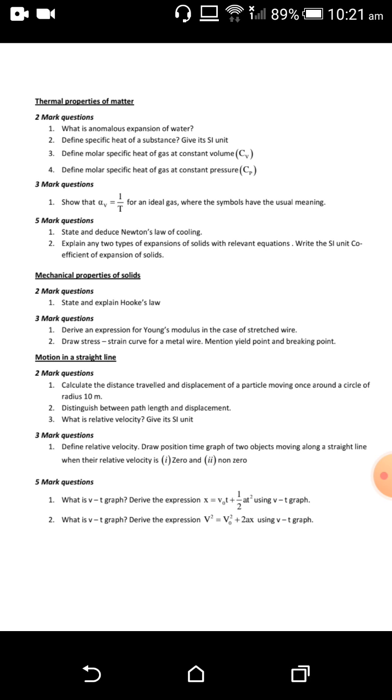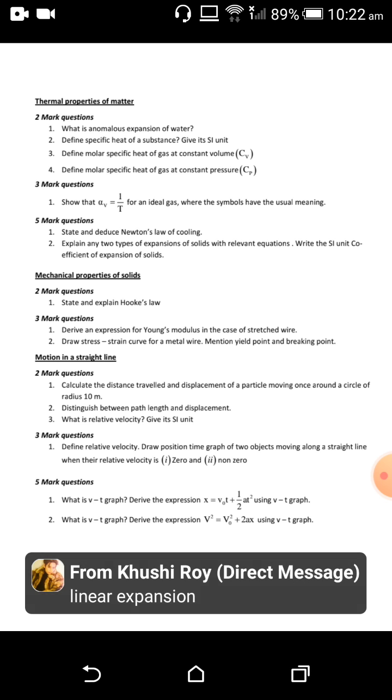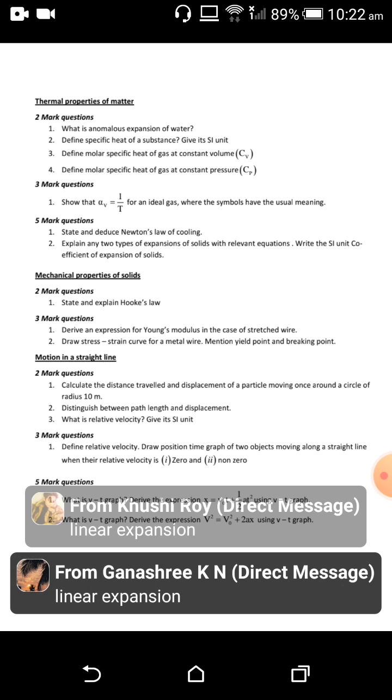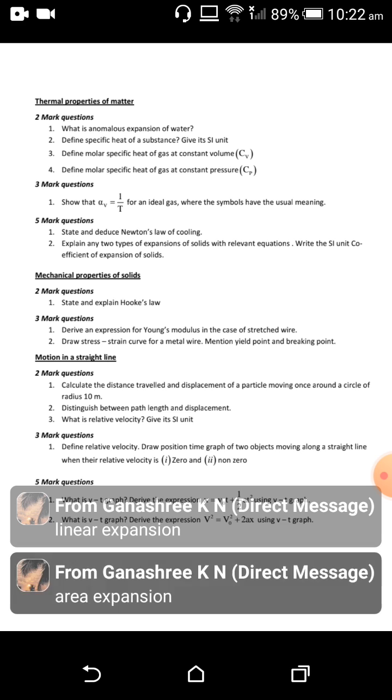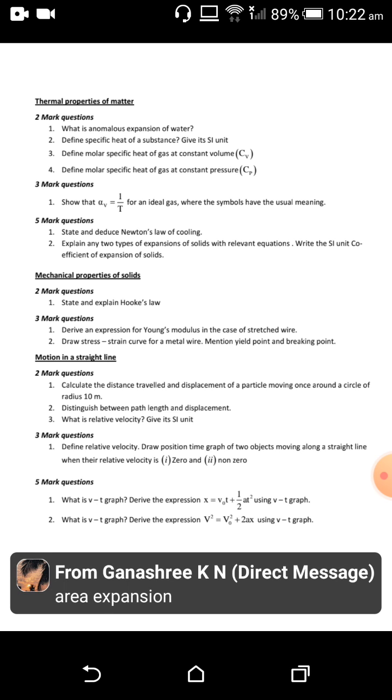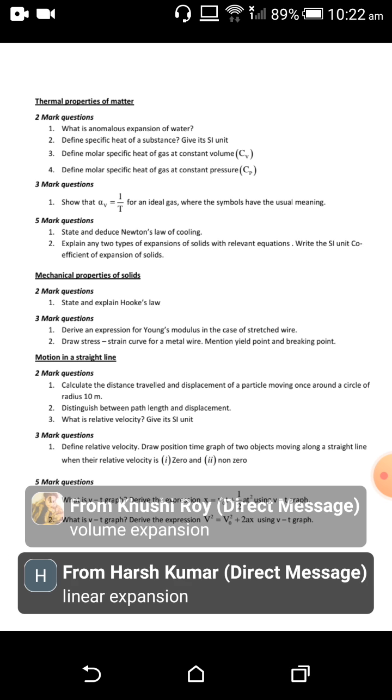Next it is said: explain any 2 types of expansions of solids with relevant equations. Can you name which are those? Anyone? In case you remember, I'm asking. Any two you can take: either linear expansion, or superficial or area expansion, or volume or cubical expansion.